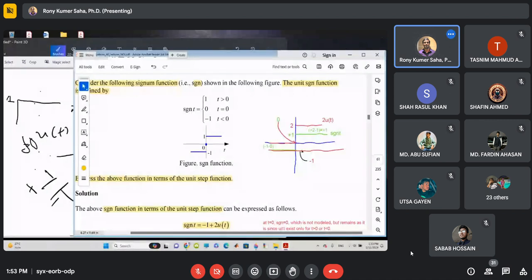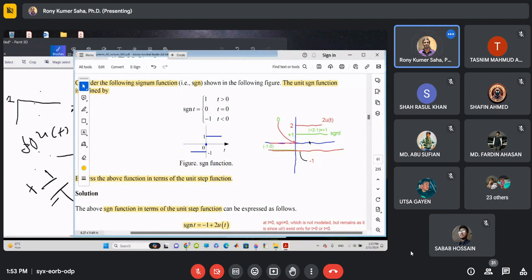You can see 2, and here this one is plus, this is -1. Twice u(t), 2 minus 1, this means 1, right? So it's a positive side. Because this one is given as -1, that should be plus.